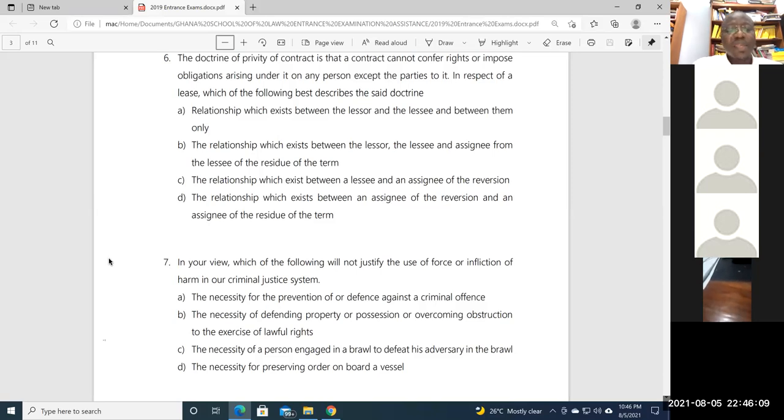So let's say B, the relationship which exists between the lessor, the lessee, and assignee from the lessee of the residue of the term.